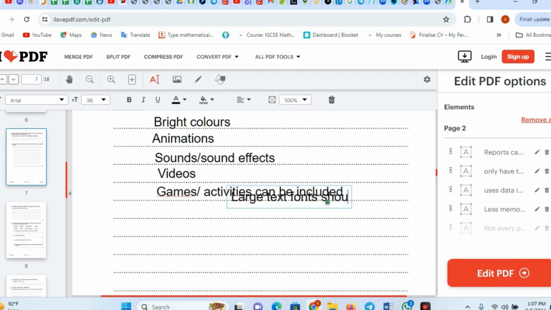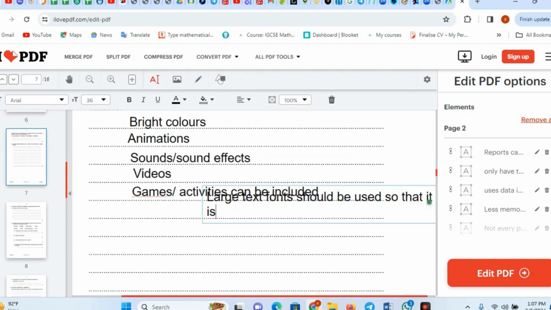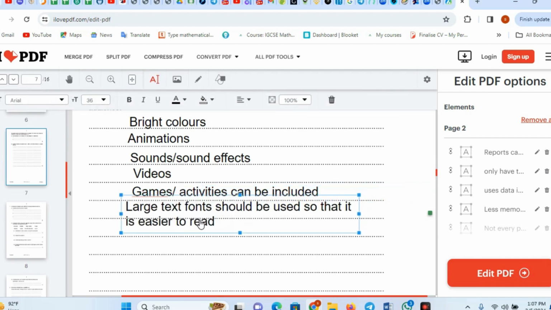Large text font should be used so that it is easier to read. Just like I'm making this, my text also clear for you to read.